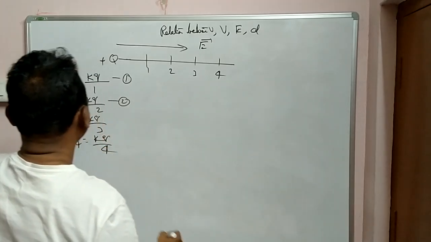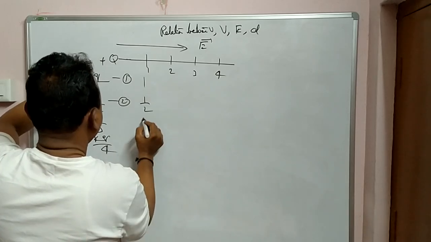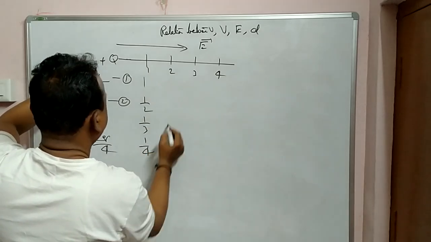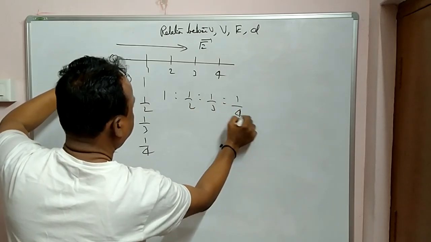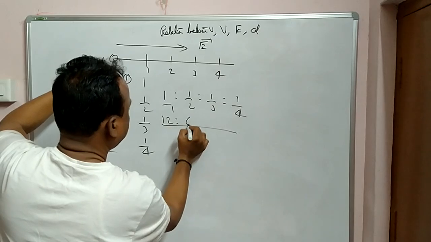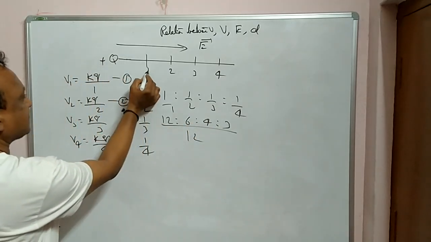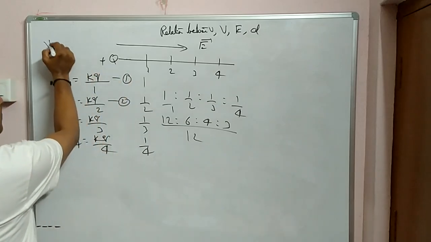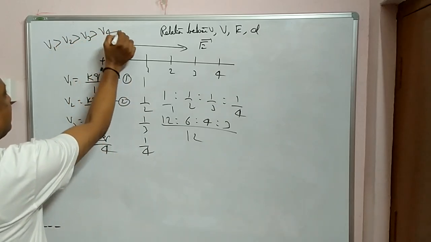Now if you observe carefully, this is kq times 1, 1 by 2, 1 by 3, 1 by 4. If we take the LCM, 12, 6, 4, 3. Which is larger? This is larger. So V1 is greater than V2, greater than V3, greater than V4.